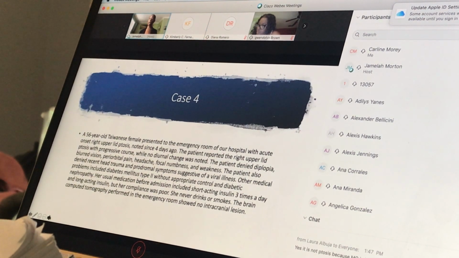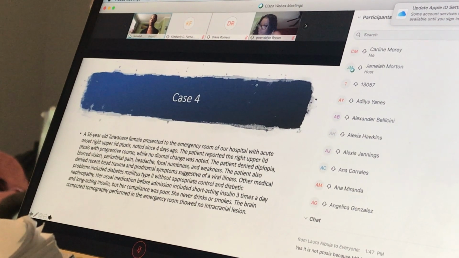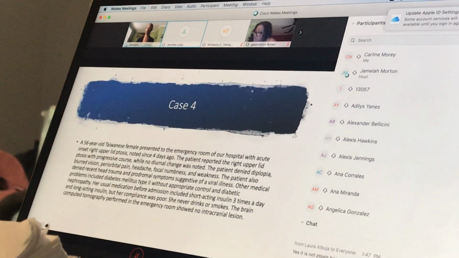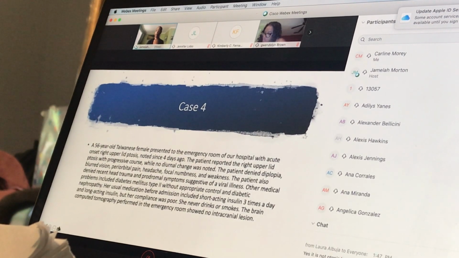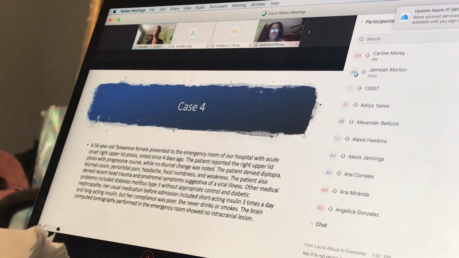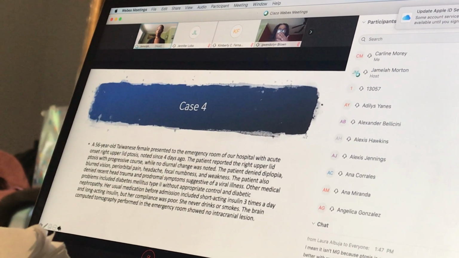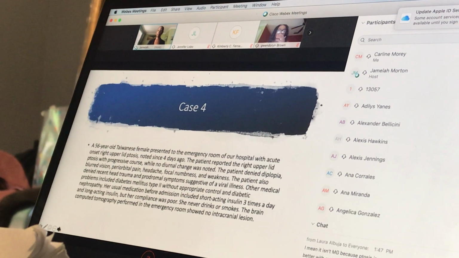So they wake up bright in the morning, and then as the day goes by, their lid starts drooping progressively. Diplopia: she has no vision issues. It's just ptosis.